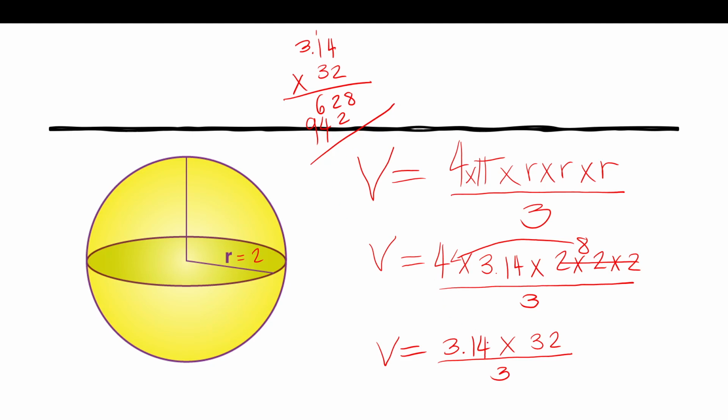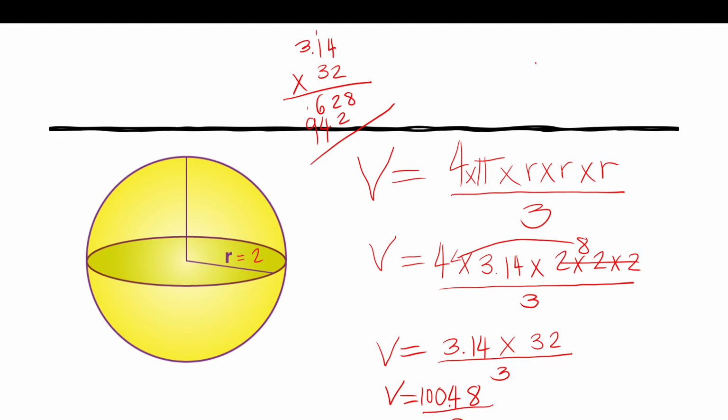Oh, tama naman. So, magiging volume is equals to 8, 4, 0, 1, 10. And then, balik ng dalawang decimal point, we have 100.48 divided by 3.